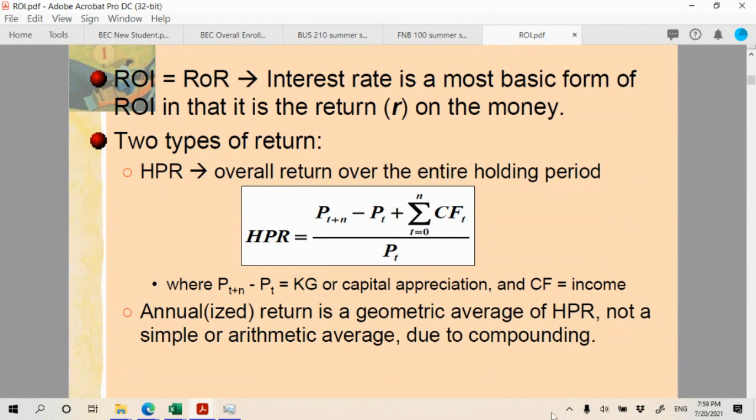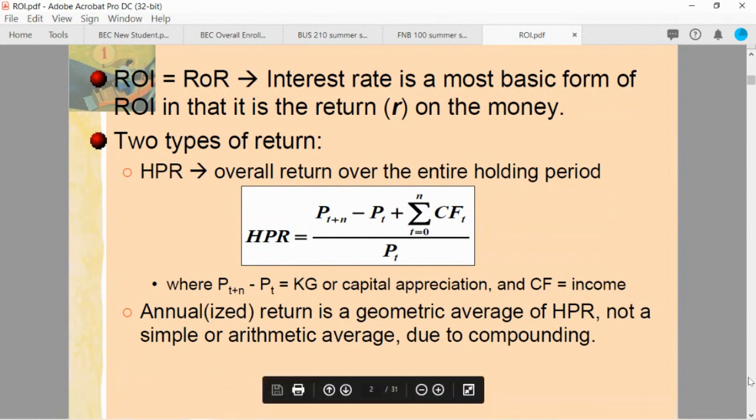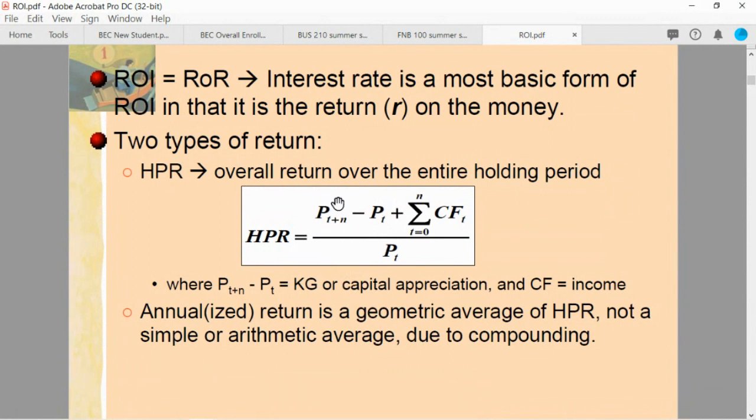Look, the price of any asset, and Bitcoin is not even an asset, doesn't always grow. It can go down, it can go up, but if it goes down, this will be negative, right? In other words, your capital gains is no longer capital gains, but capital loss. Make sense?